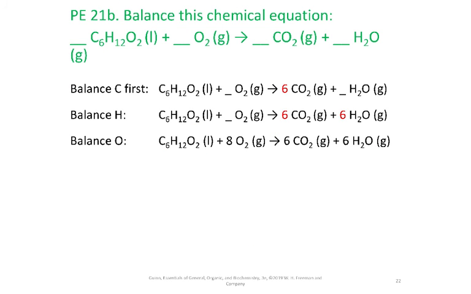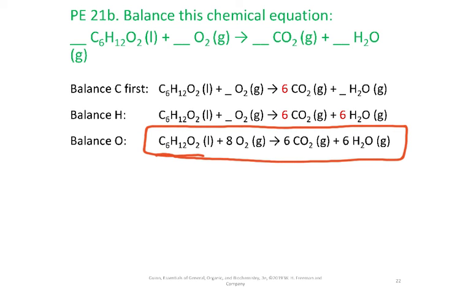So if we put an 8 in front of O2, now everything is balanced. And so that's the final answer. We don't need to multiply because we don't have any fractions or anything. Everything is whole number ratios, and you can confirm for yourself that there are indeed the same number of each type of atom on both sides.